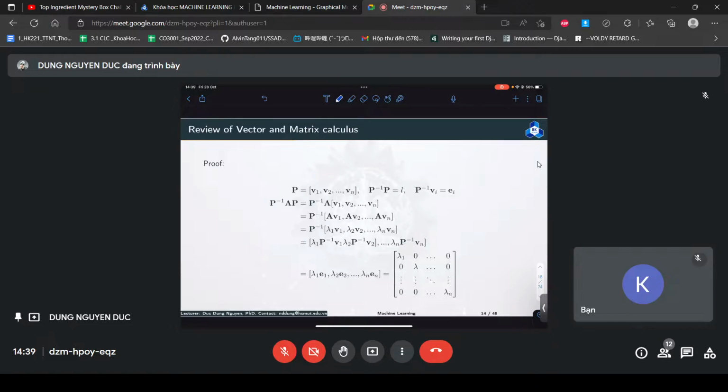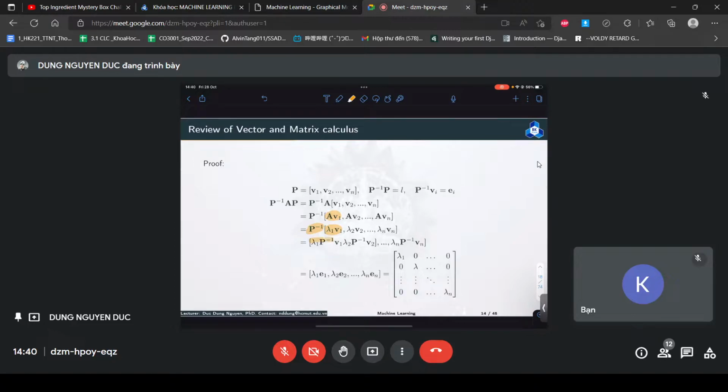You can multiply A with V and then you get what is over there. So the trick is that because V is the eigenvector, you will get this eigenvalue. And as you have this, you multiply P minus 1 into the vector inside, into the matrix inside.